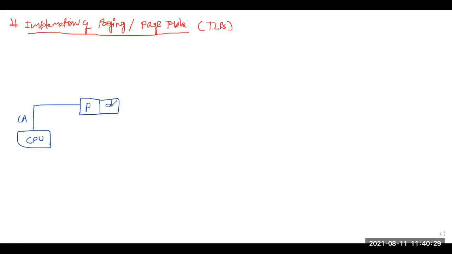The offset address refers to which particular instruction within a page we want to access. This logical address refers to the secondary memory, but we cannot directly access the secondary memory.